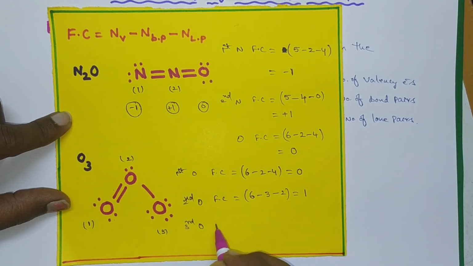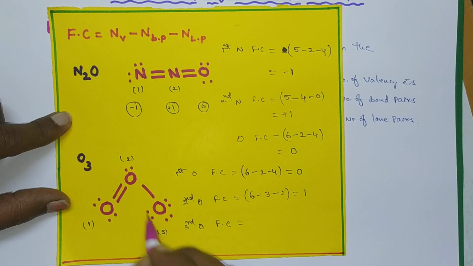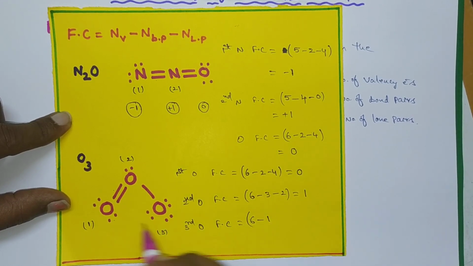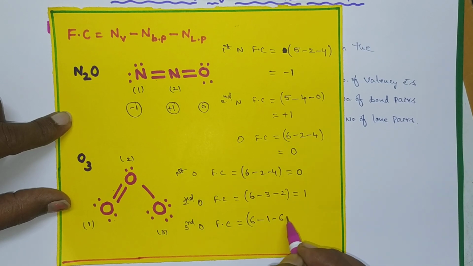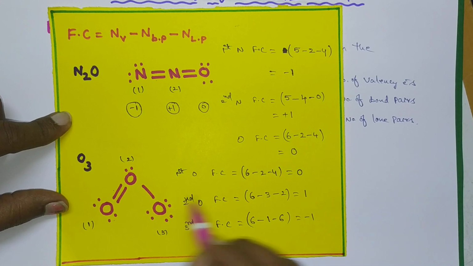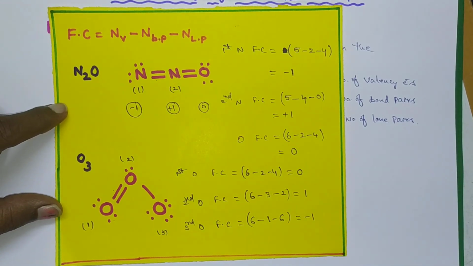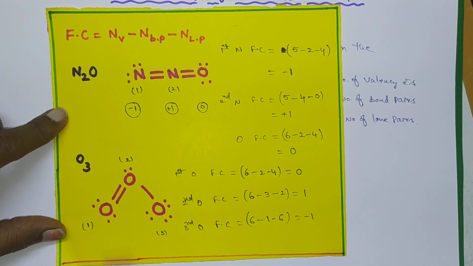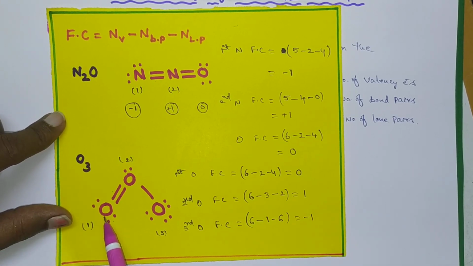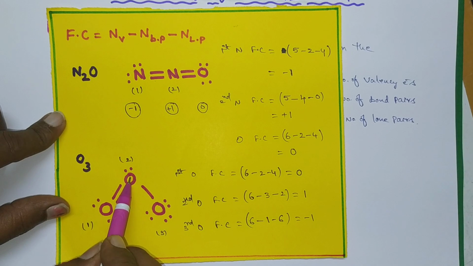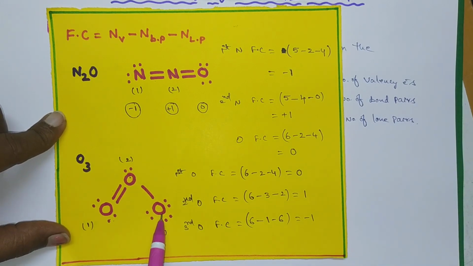For the third oxygen, it is 6 minus 1 line minus 6 dots, so we get minus 1. Here minus 1 and plus 1 give an overall charge of 0. One oxygen possesses neutral charge, this one possesses plus 1 and this one possesses minus 1.